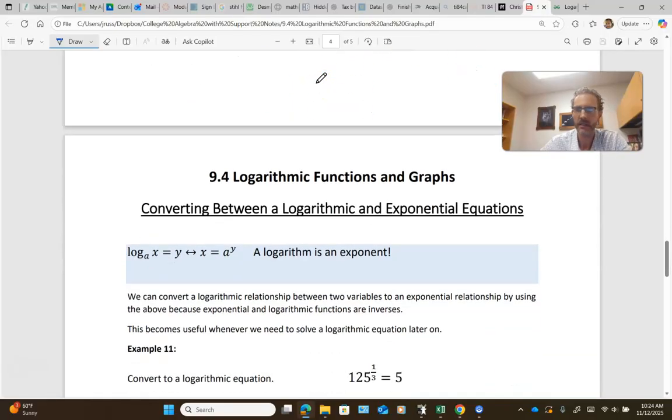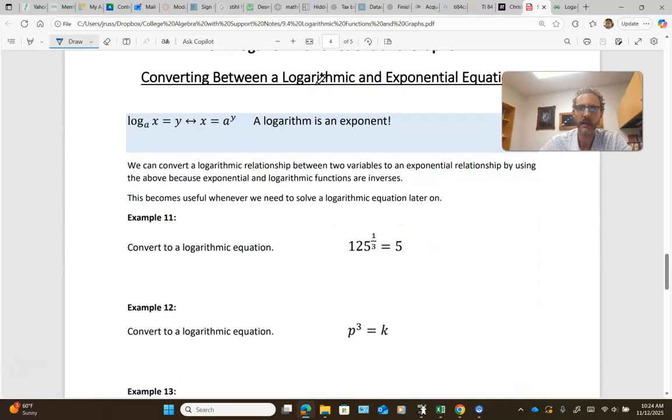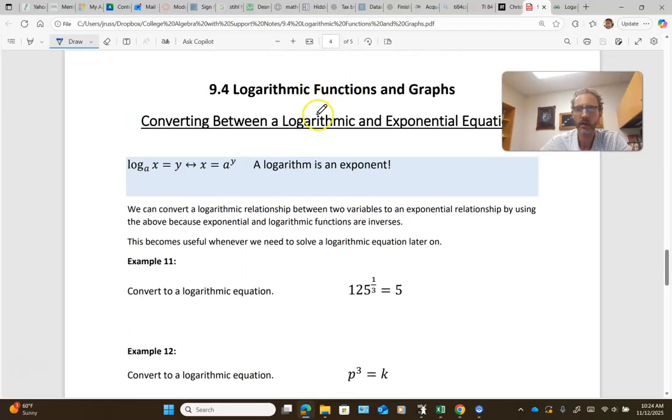Alright, now the second to last thing we're going to do is look at converting between logarithmic and exponential equations. We've actually already done this when we evaluated those logarithms. Okay, like if we were trying to find log base a of x, we just had to remember this inverse relationship right here.